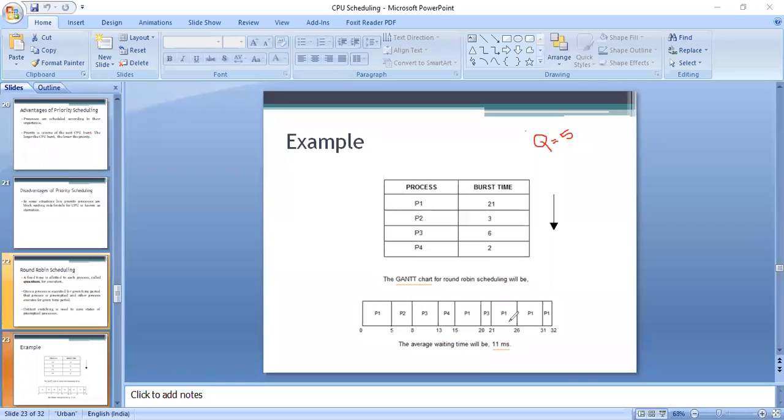Since P4 is done with the execution, it will again go to P1. So it will be allocated to P1 for 5 seconds and then it will reallocate to P1 because all others have completed their execution and P1 is left. So it will again be reallocated to P1 for 5 seconds and so on.